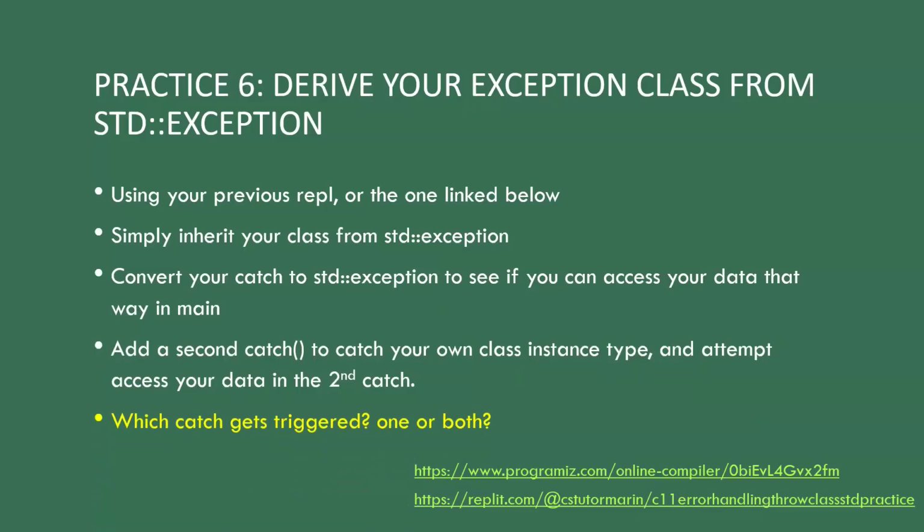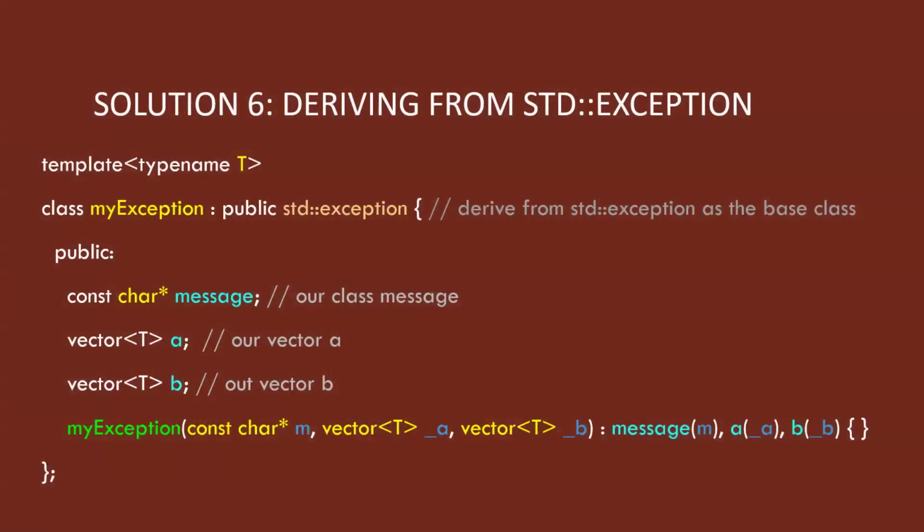But if you wanted to exercise your kind of understanding of deriving classes one last time, this is how we would do that. We'd say, hey, remember chess, right? I'm going to publicly derive from the std exception, and I'm going to add our own message, and I'm going to add some vectors to it, but it's still going to be from the base exception class.